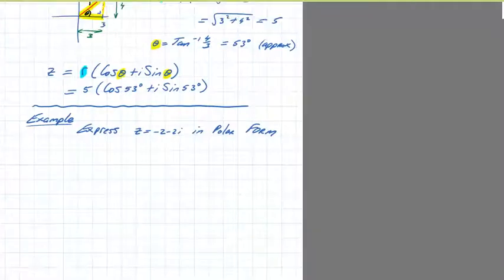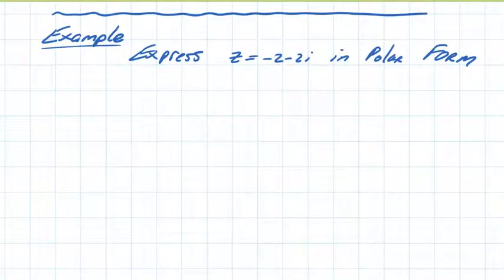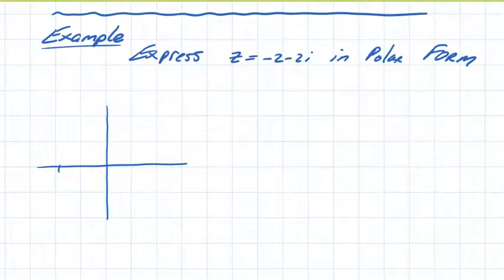Again, you need a quick sketch to get started, to find out where it is first. So minus 2 and minus 2i is down here someplace. So we'll say it's about there. So there's r, there's your modulus.